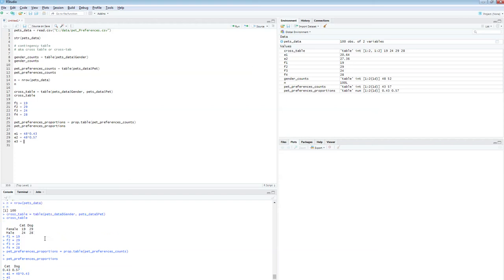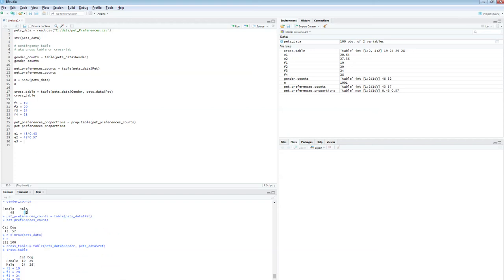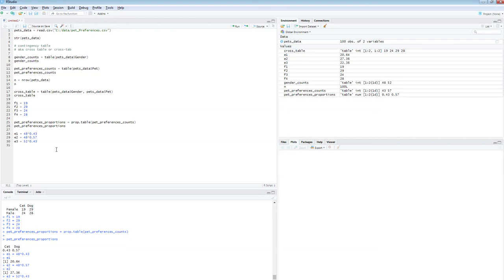So that means that out of 52 males in the sample, I would expect 43% again to prefer cats, right? So my expected frequency would be 52 males altogether, 43% of them like cats.